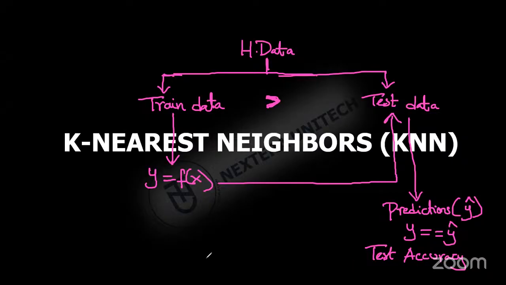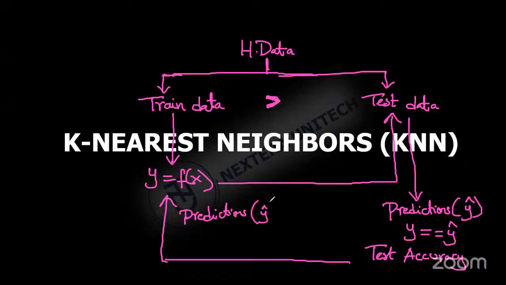I'll do the same thing on train data. Again I'll get predictions related to my train data. I also have the actual, and actual will be compared with the predictions so that you'll get train accuracy.